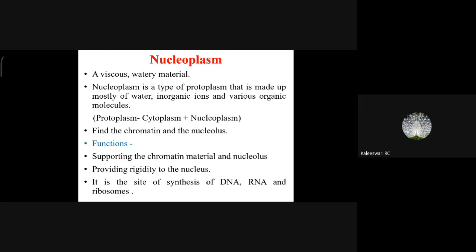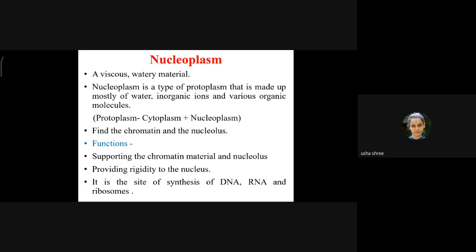I think you people are not listening carefully. Please listen carefully. We are studying now about the nucleus, the brain of the cell. It is the nucleus where the three of them are found: DNA, RNA, and the ribosomes.